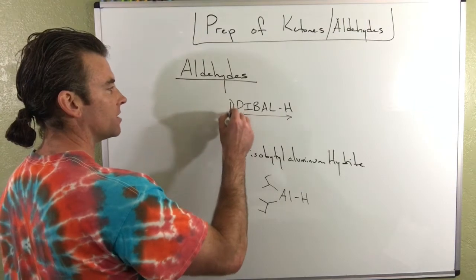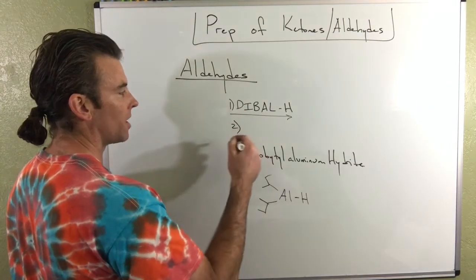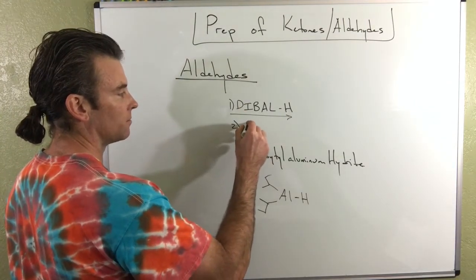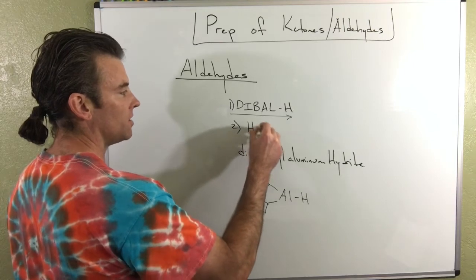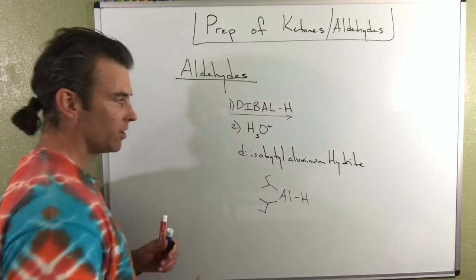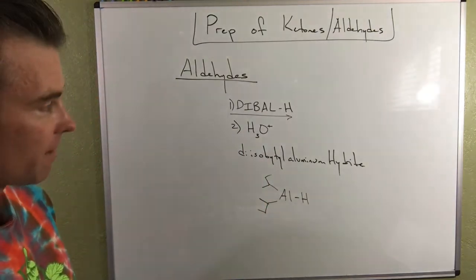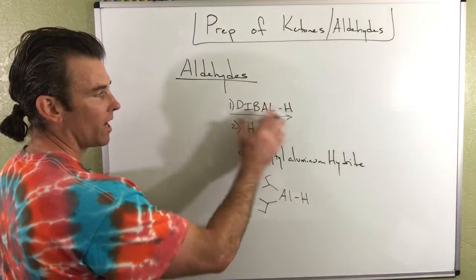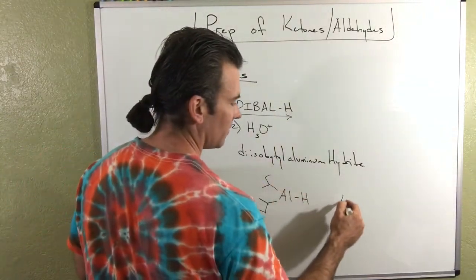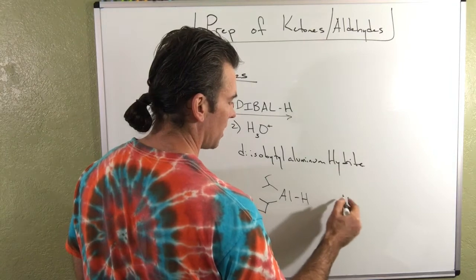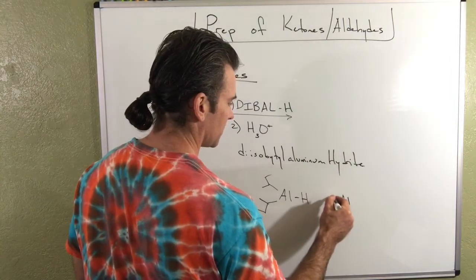Usually in these reactions, just about every aluminum hydride species requires some sort of quench. I'm going to put H3O plus, technically it could be H2O and things like that. And there's a couple of different ways that this will be abbreviated. Probably the most common are like this.